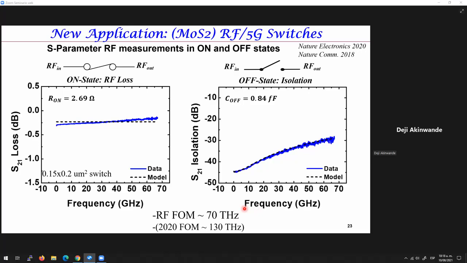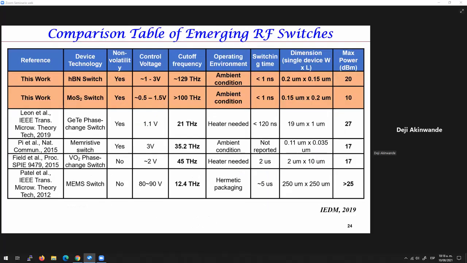The figure of merit, this combination of resistance and capacitance, is actually the highest, even though these 2D RF switches are much more nascent than the more established candidates I showed in the previous slide. So this table is very timely. I didn't talk about our HBN switch, but we've also published on this more recently.